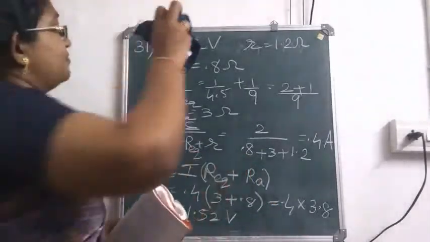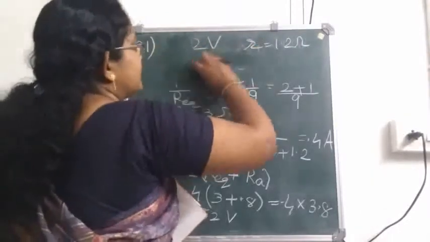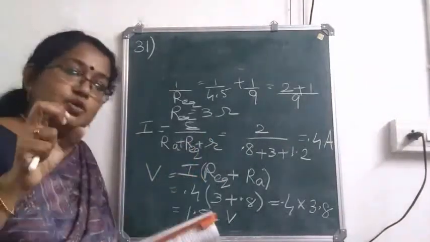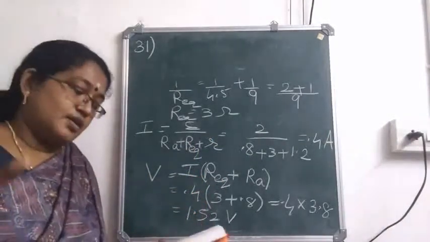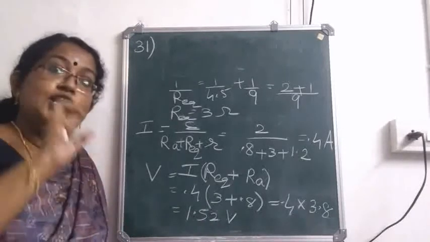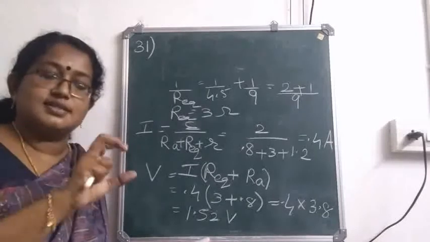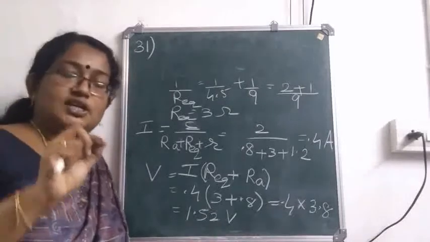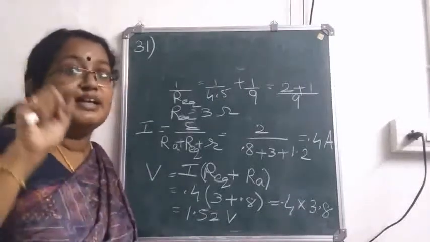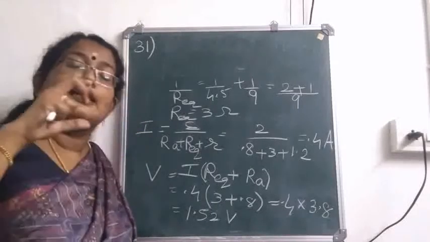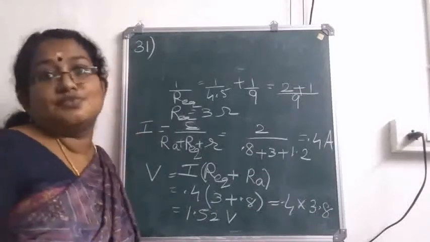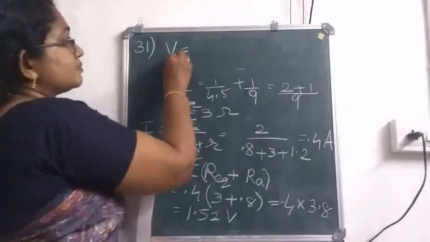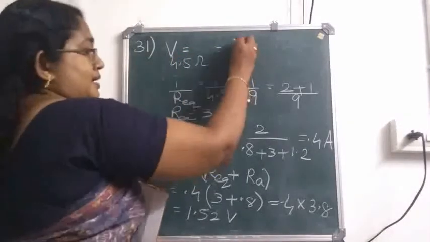So what is the potential difference across the 4.5 ohm resistor? Here we are having a parallel connection. In a parallel connection, if the potential across any one resistor is asked, we have to consider the total resistance offered by that parallel connection. If it is a series connection, we only need to take the value of that resistor connected in series. But if it is a parallel connection, we have to consider the equivalent resistance of all the resistors inside it. Okay, so V will be equal to the potential across the 4.5 ohm resistor. Current is 0.4.